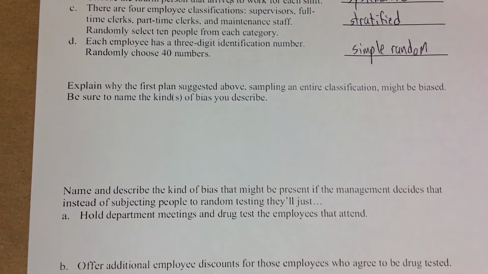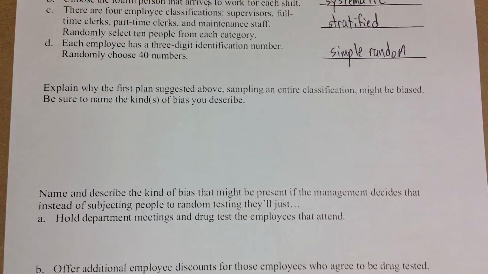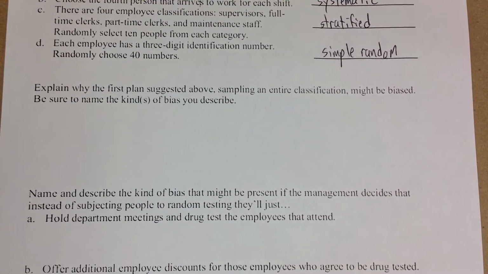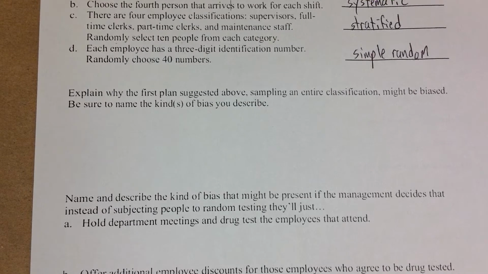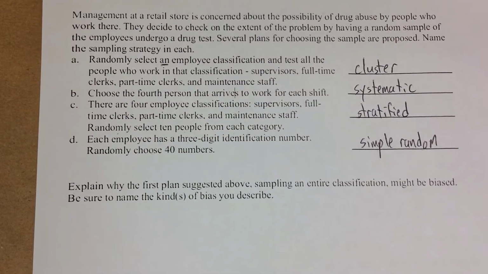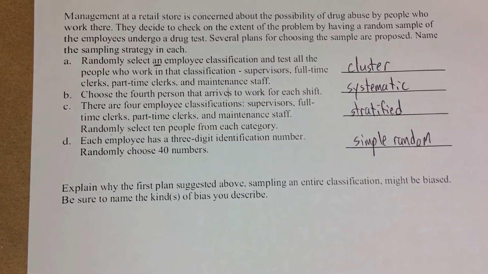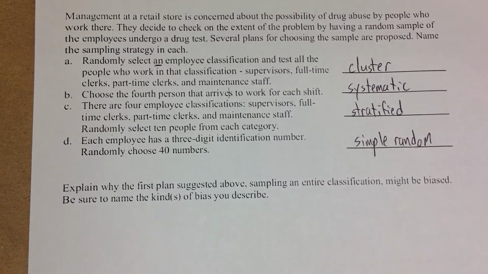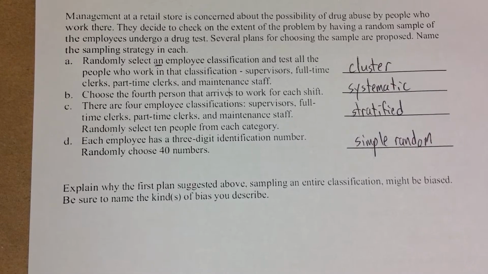Next, explain why the first plan suggested above, sampling an entire classification, might be biased, and be sure to name the kind of bias that you describe. Annika, what are your thoughts? Well, I think that based on the job classifications that they have, the people in those positions come from similar backgrounds.